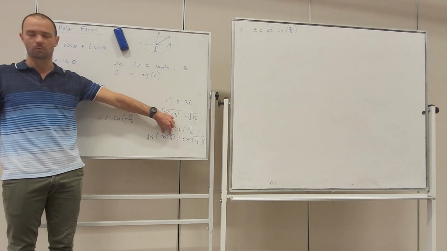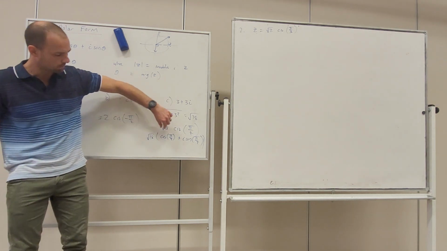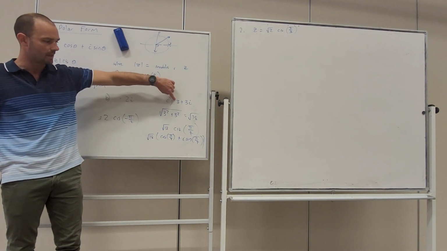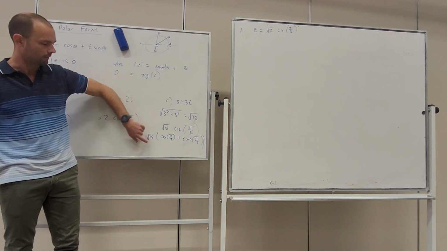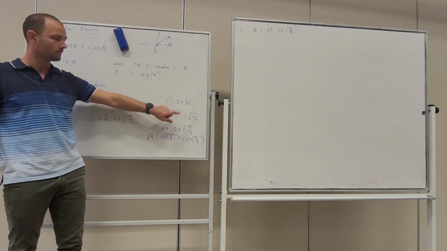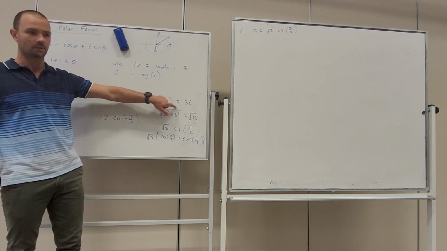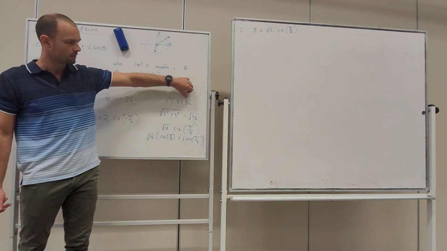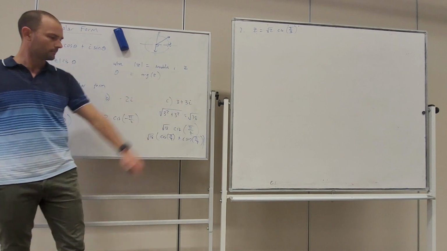Cos of pi on 4 is 1 on root 2. If we multiply the root 18 through, we end up exactly with what we had here. Root 18 times cos pi on 4, guess what it equals? 3. Root 18 times sine of pi on 4, guess what it equals? 3. And there's the i hanging out.